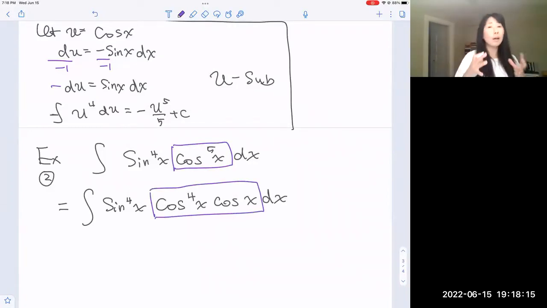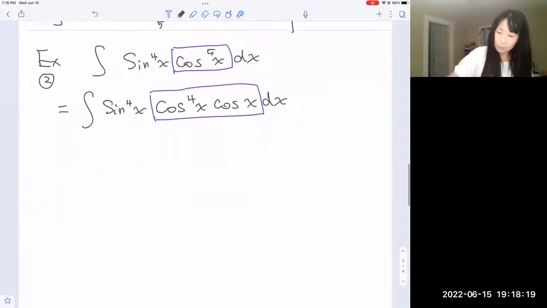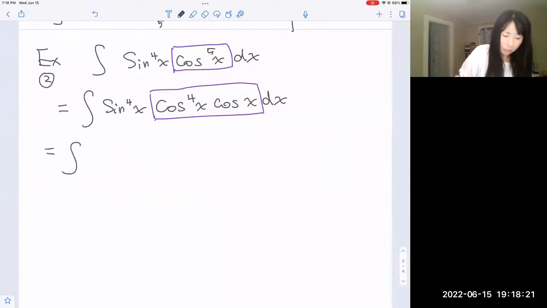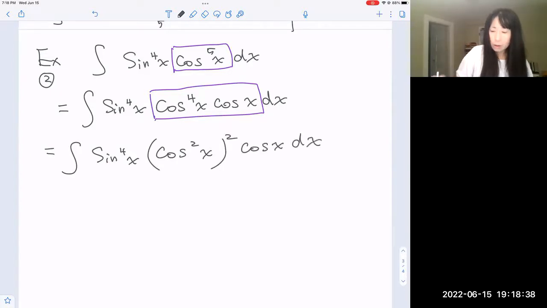Then we're going to make the form, cosine second power to the second, and the fourth power. So do you agree?